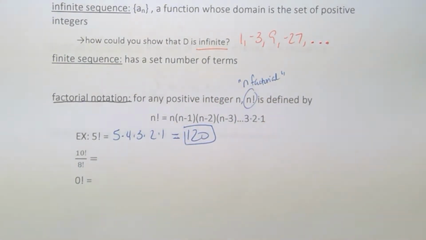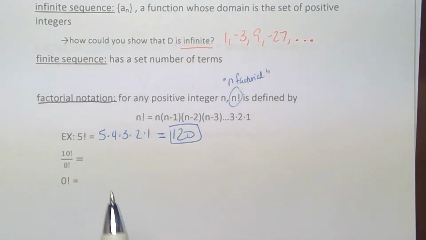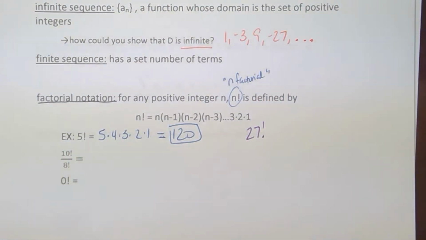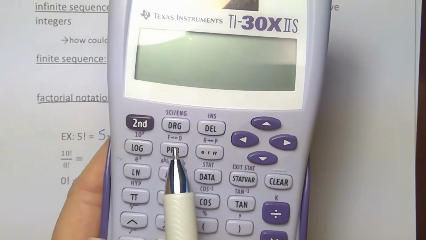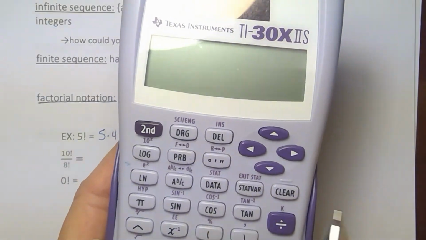Now, smaller factorials are pretty simple to calculate either in our head or using our calculator. What if we had something big, like 27 factorial? Well, I'm going to start at 27 and count my way down, multiplying to 1. But that's going to take a while, and if I'm trying to do all those numbers by hand or in my calculator, I'm likely to make a mistake. So I want to encourage you to find your probability button on your calculator. PRB means probability.